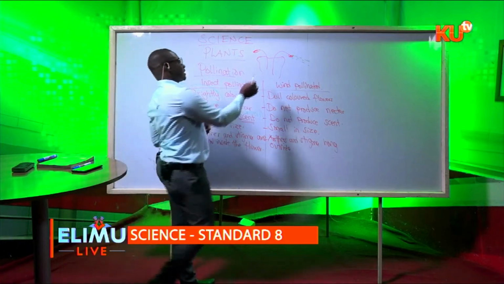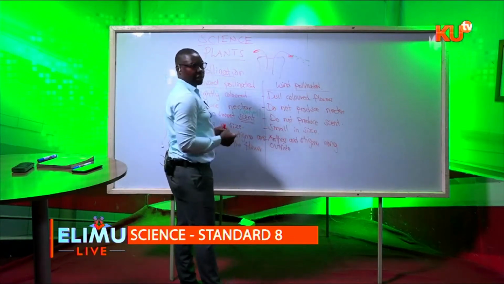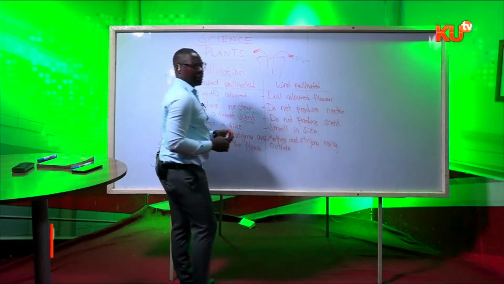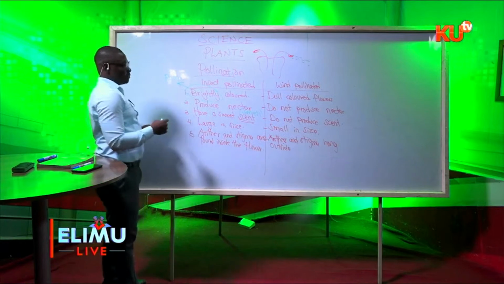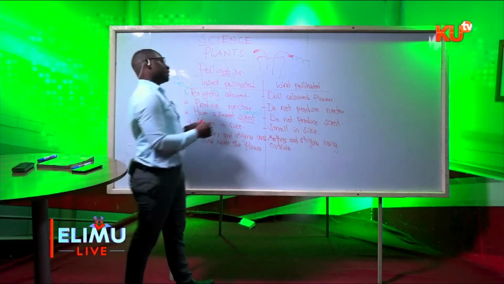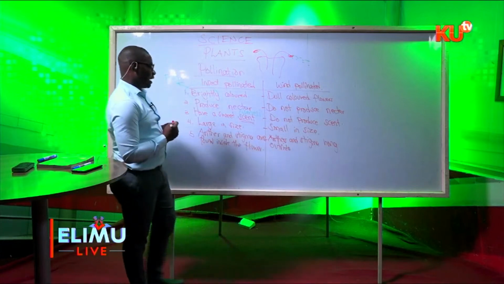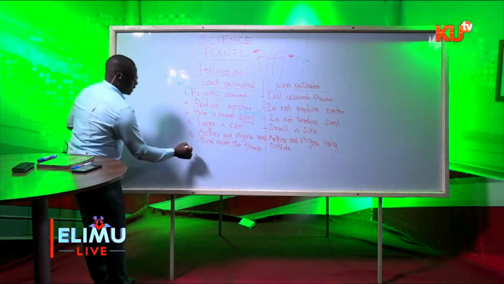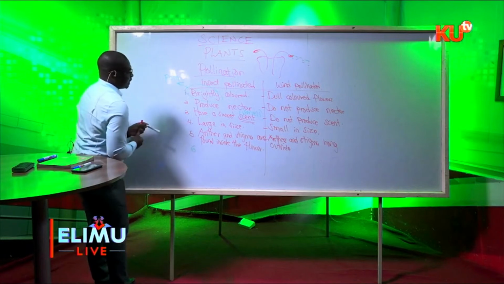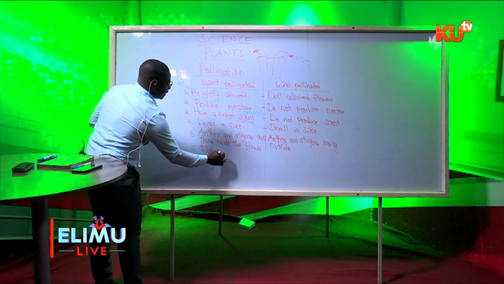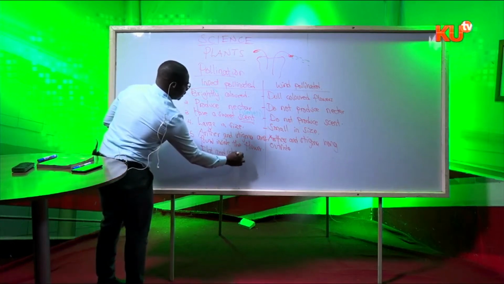So as the anthers are outside, once the wind moves, it moves away the pollen grains, and as the pollen grains are being blown away, they move from one flower to the other, and then pollination will have taken place.